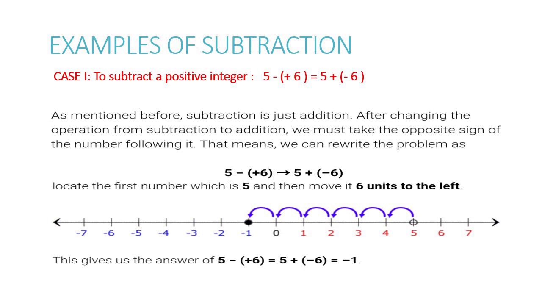We must take the opposite sign of the number following it. The number following is plus 6, so by changing the sign, it becomes minus 6. So 5 minus 6 can be written as 5 plus minus 6. Now locate the first number, which is 5, on the number line and then move 6 units to the left. This gives the answer as minus 1.